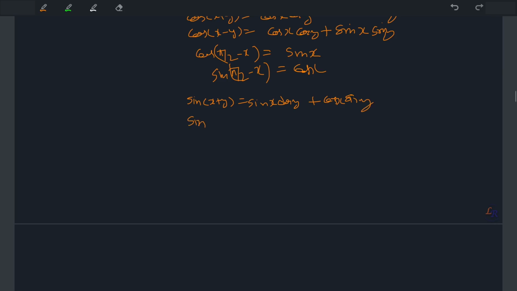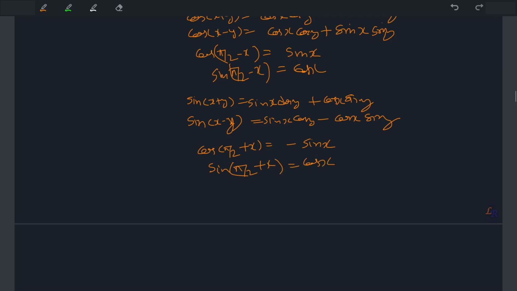Similarly for sin x minus y, it would be sin x cos y minus cos x sin y. We can have then cos pi by 2 plus x is equal to minus sin x. Then sin pi by 2 plus x is equal to cos x, right?